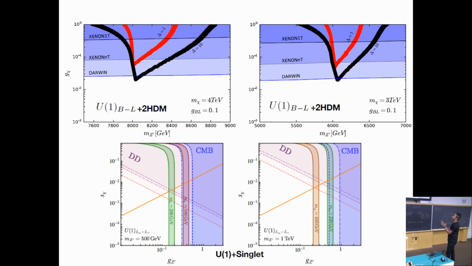So we can see here that even if that kind of extension comes from the same idea of some extended scalar sector and extended gauge sector, the parameter space and the phenomenology can change a lot. So yeah, this is with a singlet scalar sector, and this with a doublet scalar sector.